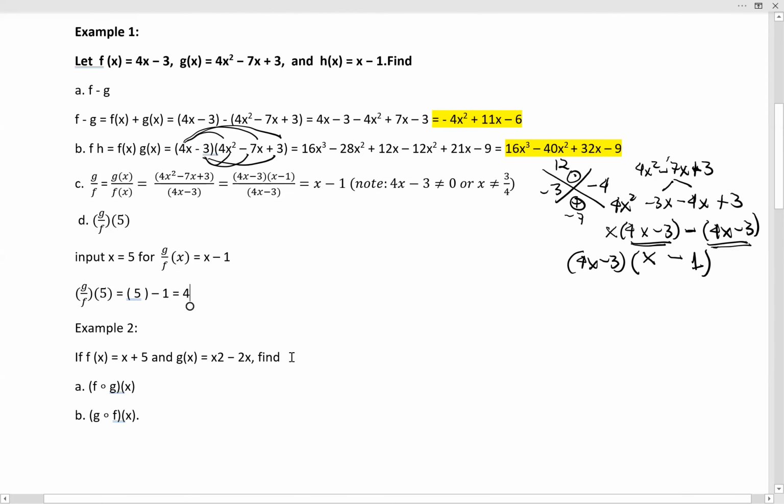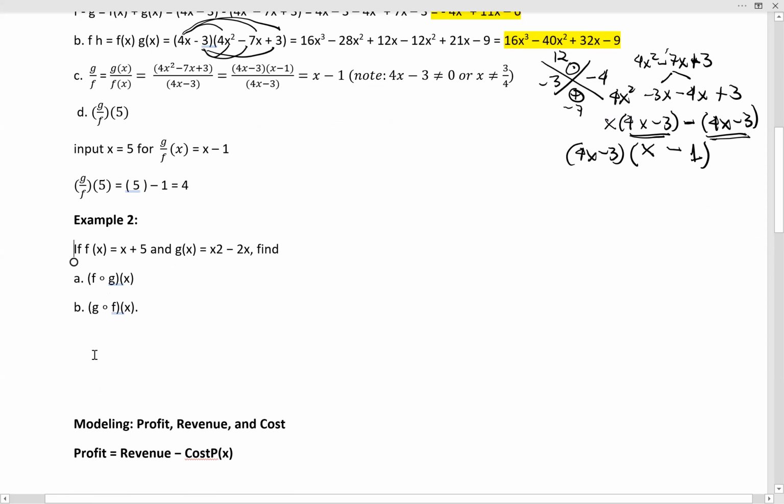Okay, so we're done with example 1, a long one. Let's move to example 2. Example 2: give me f(x) equal to x plus 5, g(x) equal to x squared minus 2x.